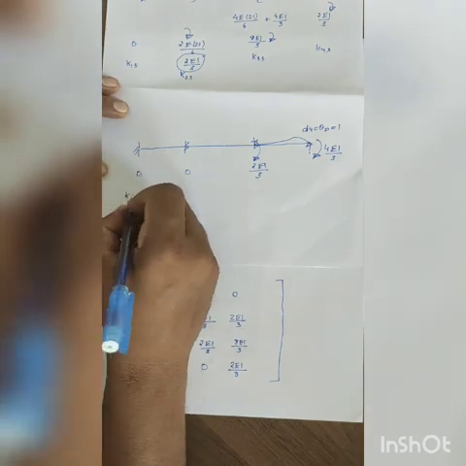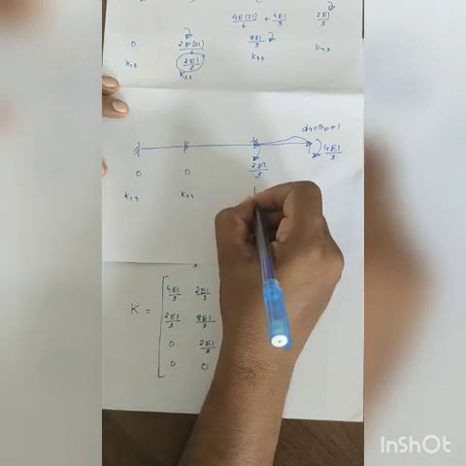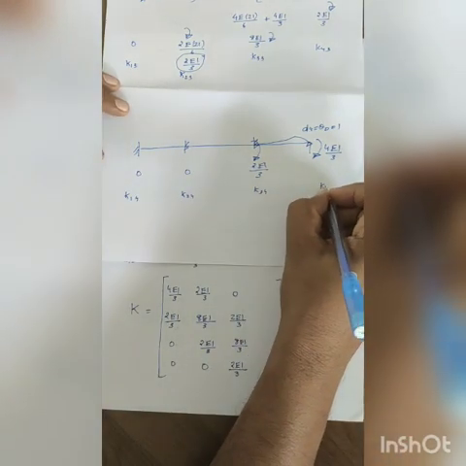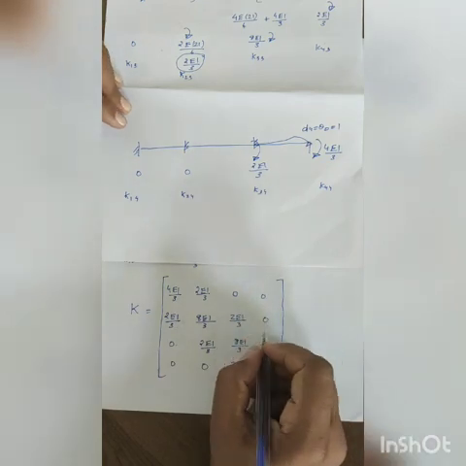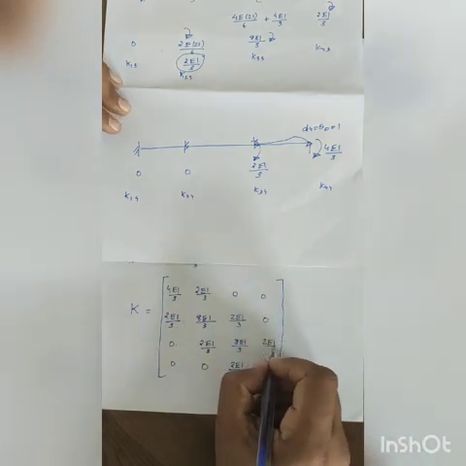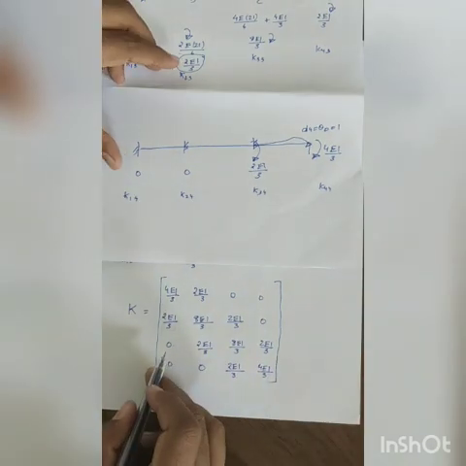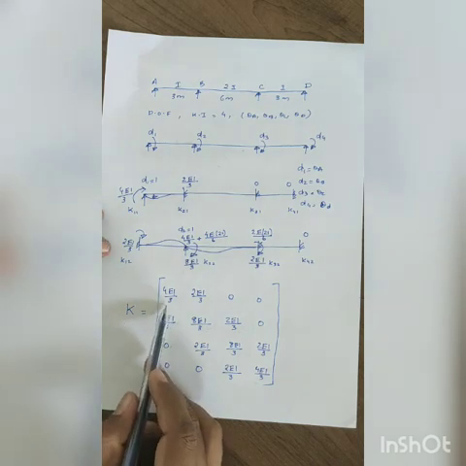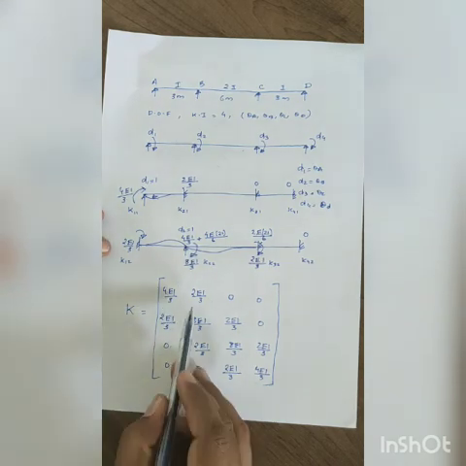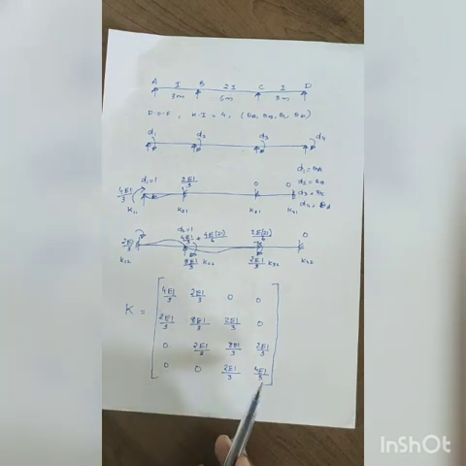So these are K14, K24, K34 and K44: 0, 0, 2EI by 3 and 4EI by 3. Now you just see that 4EI by 3, 2EI by 3, 0, 0.